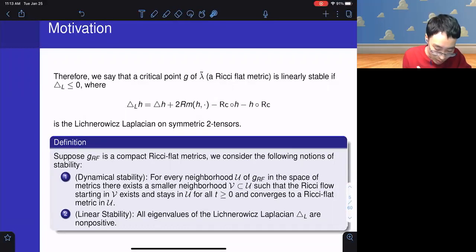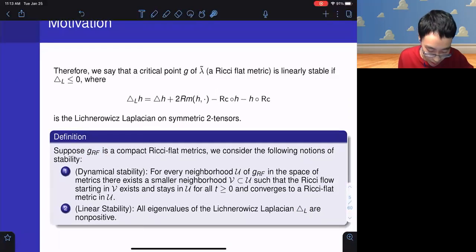So let me mention here: we suppose our GRF is a compact Ricci manifold, and we say that this GRF is linearly stable, meaning that the additional Laplacian is non-positive. Okay, so this is the notion of linear stability.